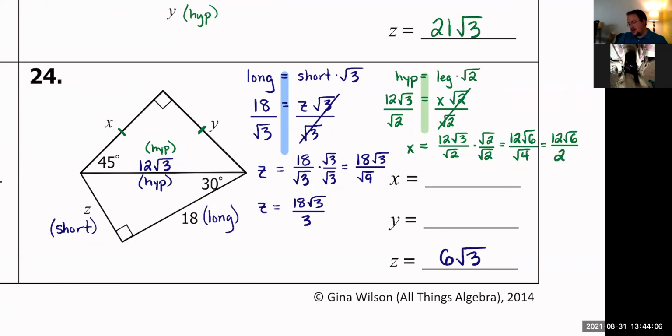And I do believe 12 divides nicely by 2. So I get, I know it's crowded, 6 times the square root of 6.